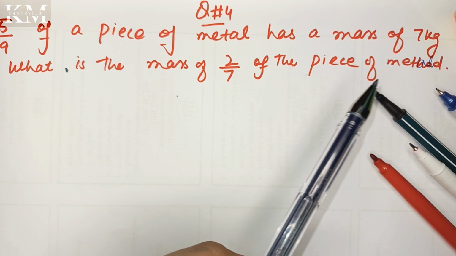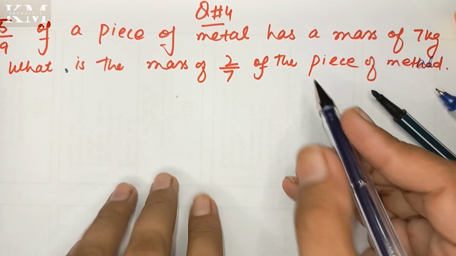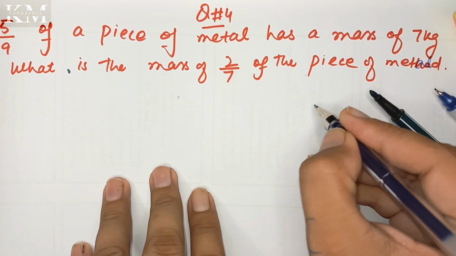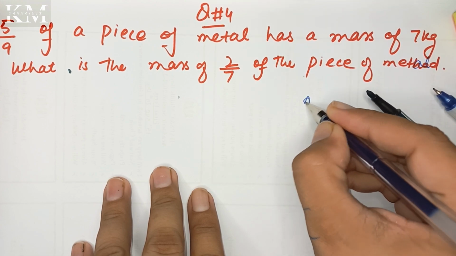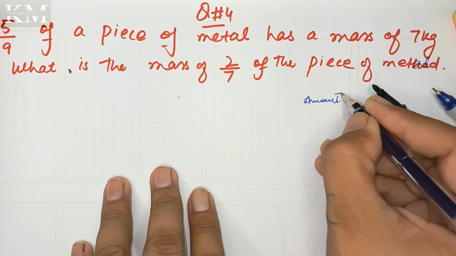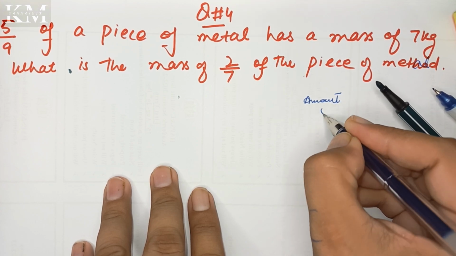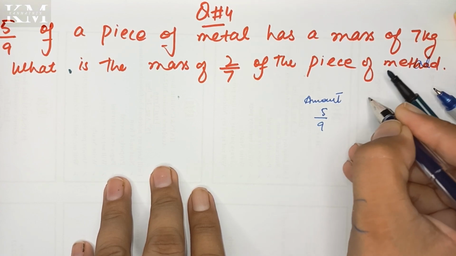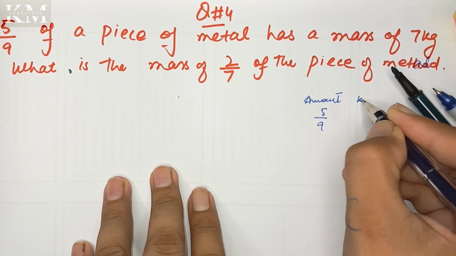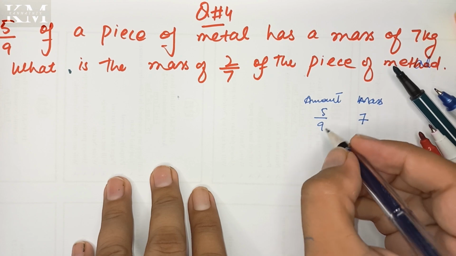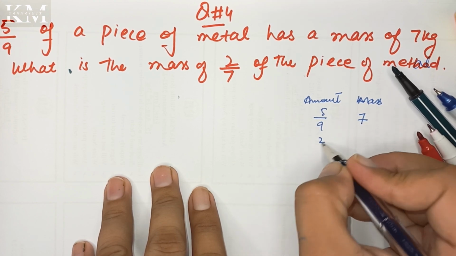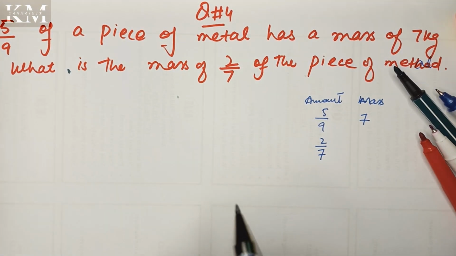So first we will check the relation between these two quantities. The quantity of the metal is 5 by 9, the mass is 7 kg, and you have to find the mass of 2 by 7 of the piece of metal.